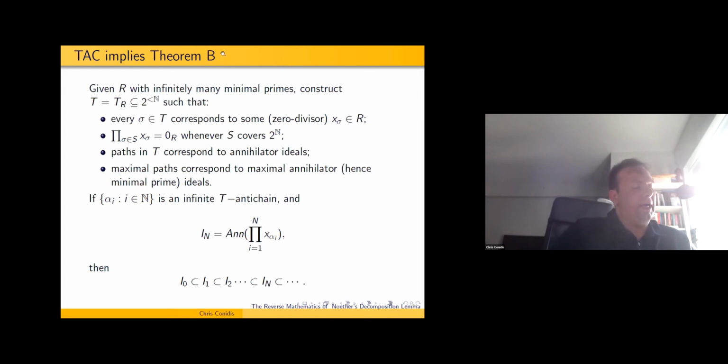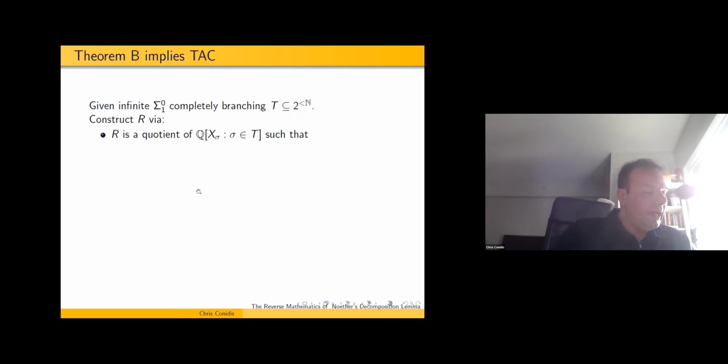All right, so this is the proof that the tree anti-chain theorem implies theorem B. For the converse, you start with an infinite Σ^0_1 completely branching tree T, and then you want to somehow get an anti-chain in there. The way you do it is you build a ring.